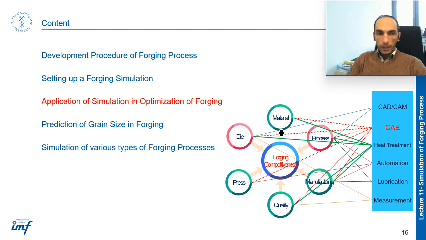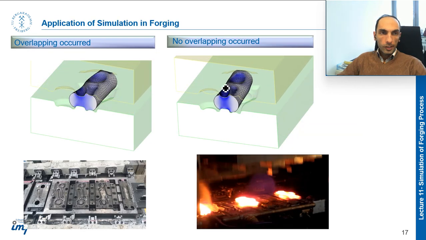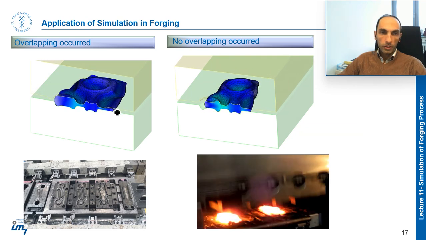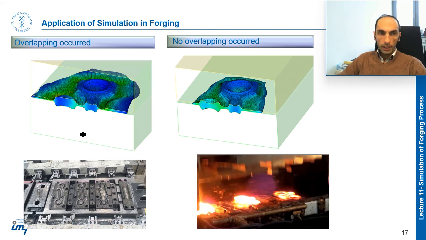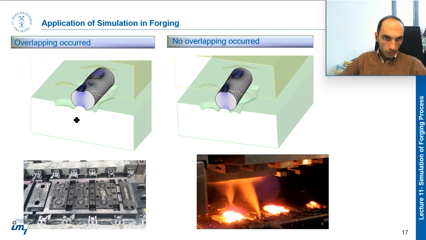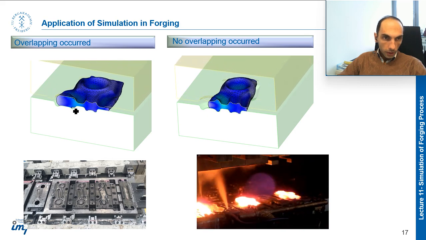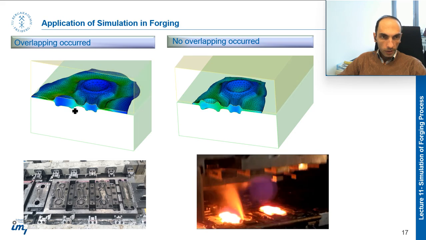Okay, to make it clear, I bring some examples of optimization. This is an example of forging a connecting rod in an auto engine, and you can see here an overlapping happens in the first design of the die.